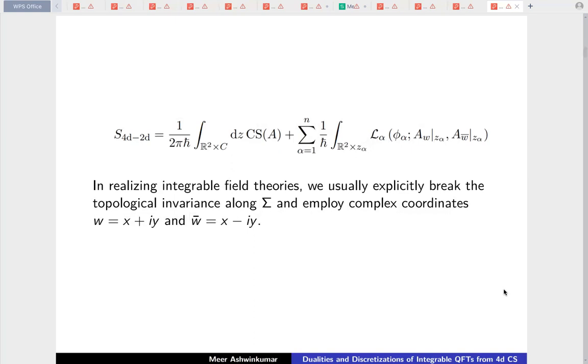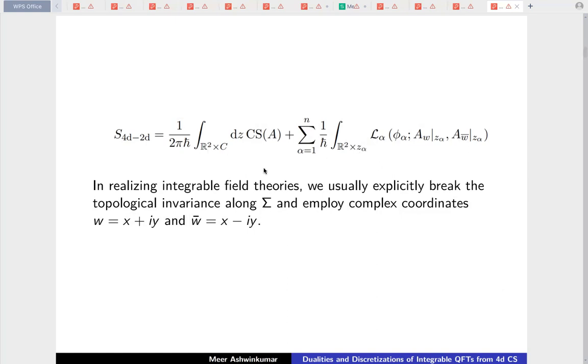So how do we realize integrable field theories? The simplest way is to couple the Chern-Simons action to a bunch of surface defects at points on C that are labeled by alpha. So you have n surface defects at different points on C, Z alpha.